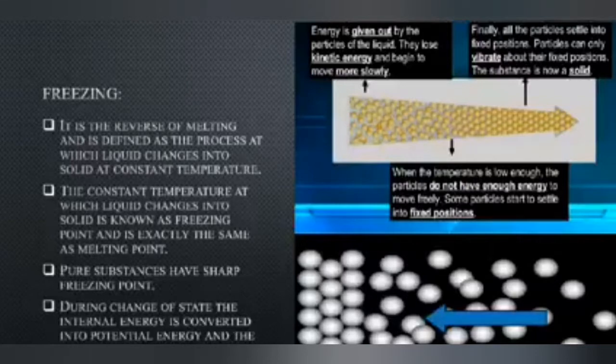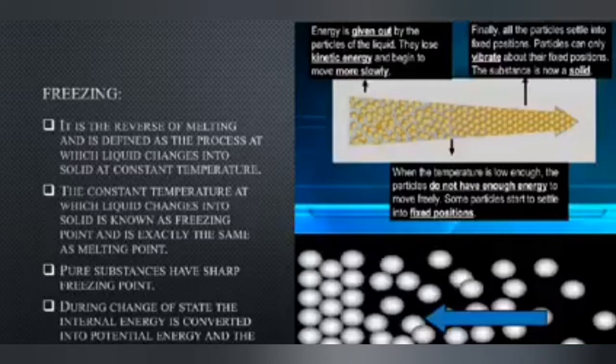Now again, what will happen? During freezing the temperature will stay constant. And why will the temperature stay constant? Because what will happen when the liquid solidifies into solid? The liquid particles have more kinetic energy, as they are moving faster than the solid particles, and they are allowed to move about.